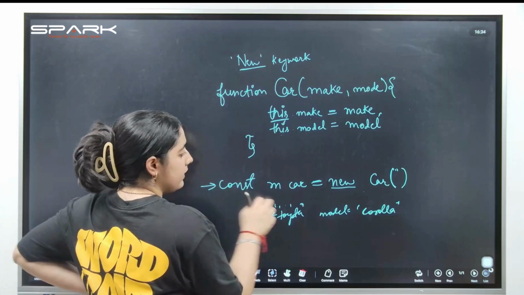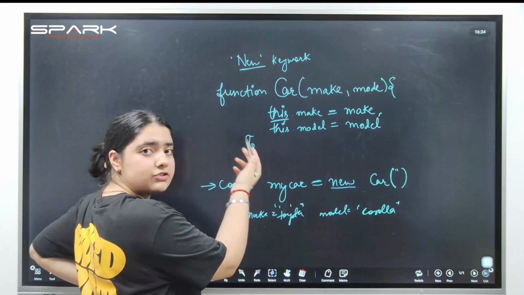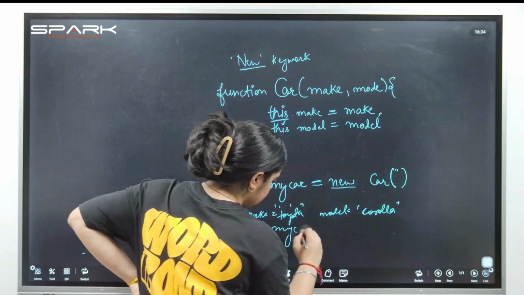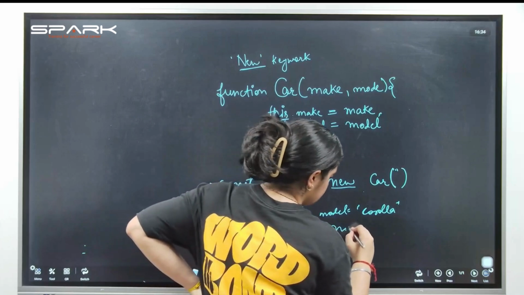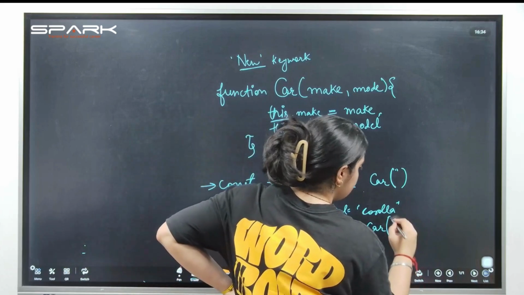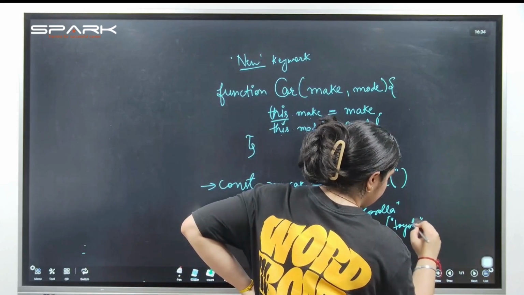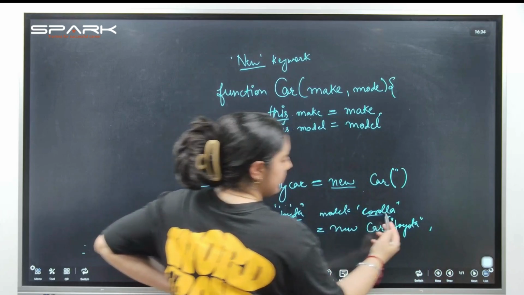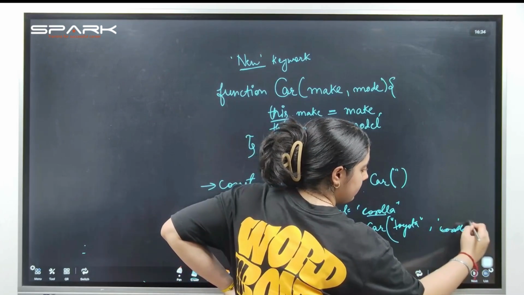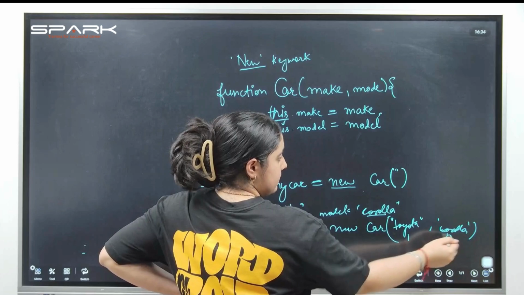We have created a constant here, an object of this constructor. So in myCar, my constructor, I'll write Toyota, and my next parameter is the model, Corolla. So I have given these two parameters their values.